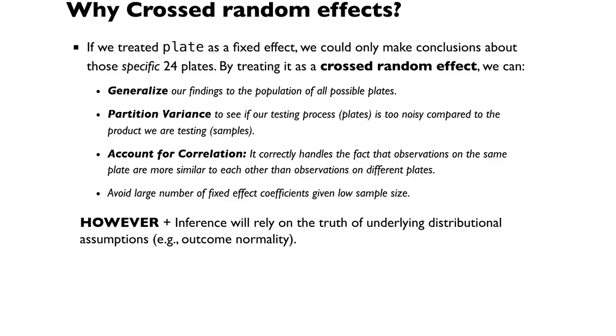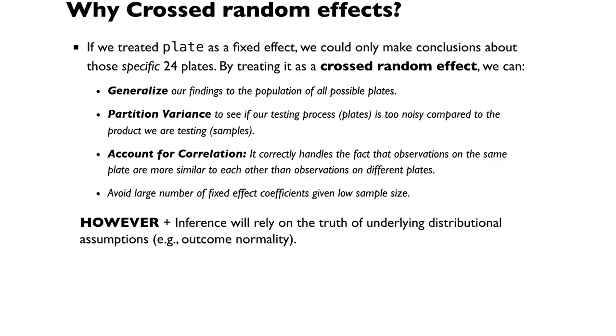I'll just tell you, when you do the fixed population one, and there are things called finite population standard errors and things like that, it's always smaller. So you sort of cheat when you say, well, I'm only interested in the effects in this sample here, these 6 samples, these 24 plates. You're always going to get a smaller standard error than if I treat them as drawn randomly from a larger set. So you could play a game that way by saying you're more interested in that, so you have to be a little bit careful.